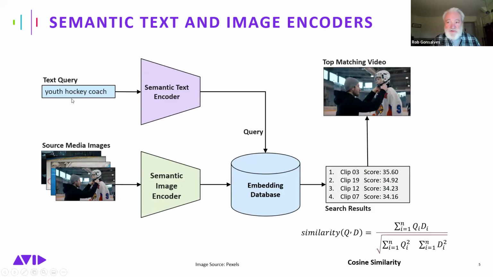Then when you search in an asset management system, you type in youth hockey coach, and it creates a semantic embedding of the text, and then it does the cosine similarity math. A lot of databases now support vector search. You can use this in Elasticsearch and a bunch of other databases that can do fast semantic search through cosine similarity, and there's a little bit of the math for you there.